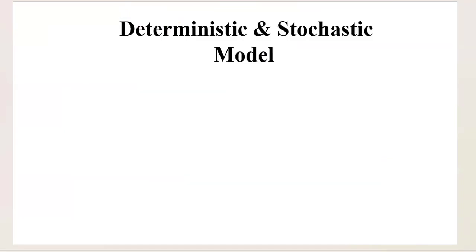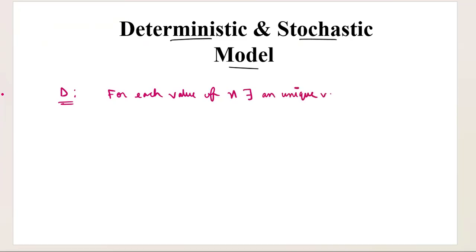Okay. So this leads us to the differentiation of deterministic and stochastic modeling that I have already explained to you. Let me write it down. So deterministic, suppose I call it D. Deterministic means for each value of x, there exists a unique value of y.